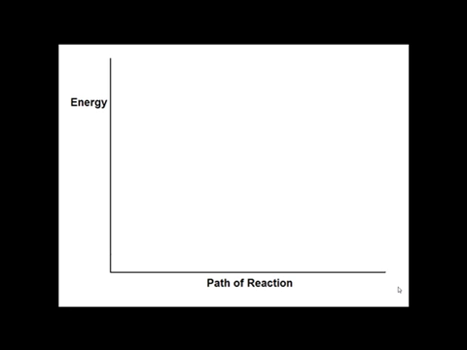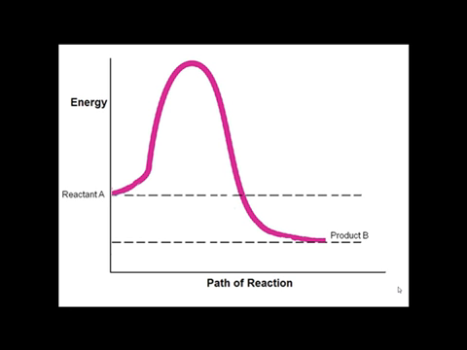Here is a graph representing the energy versus the path of reaction. The reaction is reactant A yields product B. Case without catalyst. The reaction shown here is an exothermic process since the enthalpy change is negative.